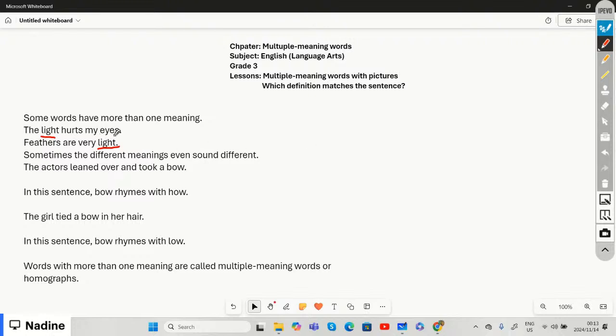And sometimes the different meanings even sound different. An example is, actors leaned over and took a bow. This bow rhymes with how. So bow, how.